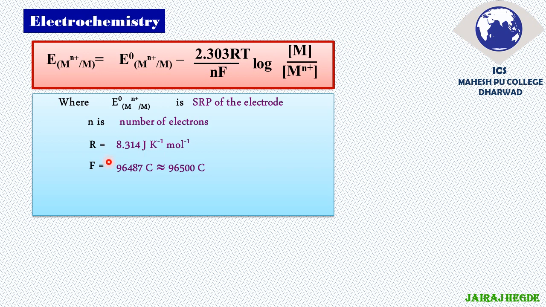Its value is 96,487 coulomb, or in other words, we just round it off to 96,500 coulomb. T is the temperature in Kelvin or absolute temperature. You have to remember, here we never use the temperature in degree Celsius. We have to use the temperature in Kelvin.